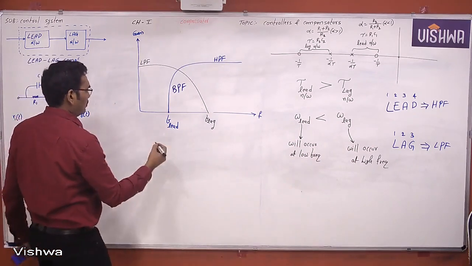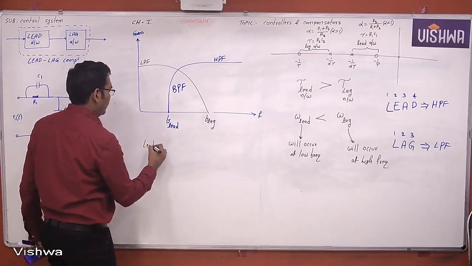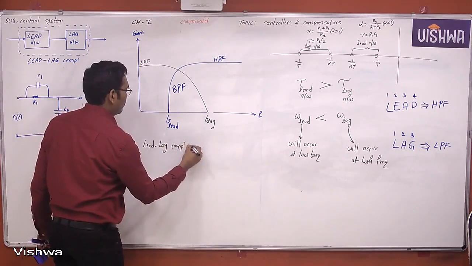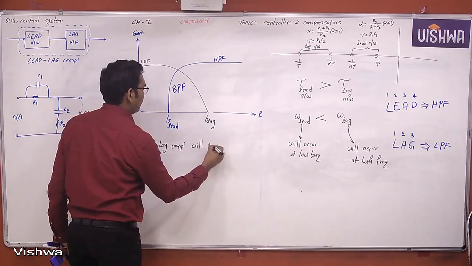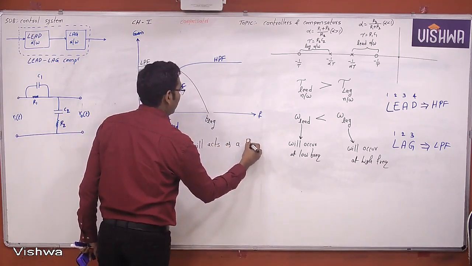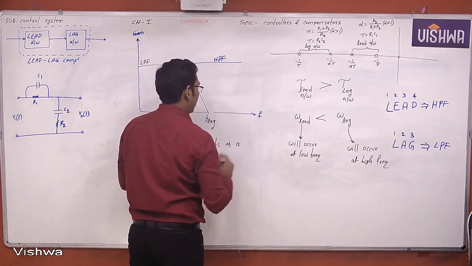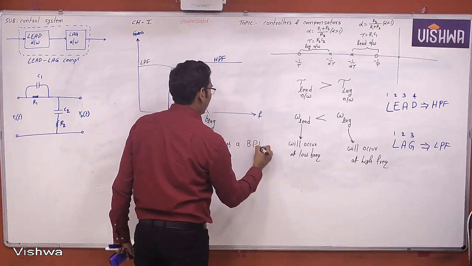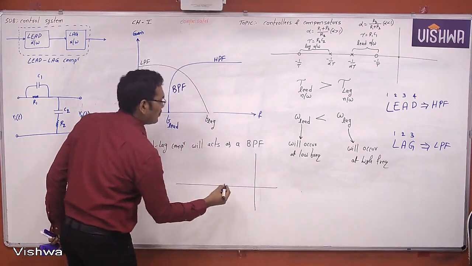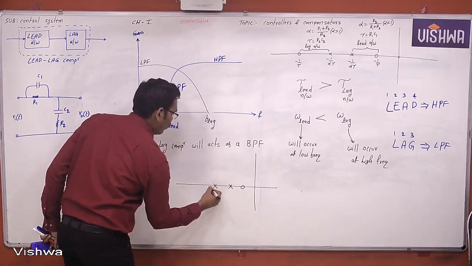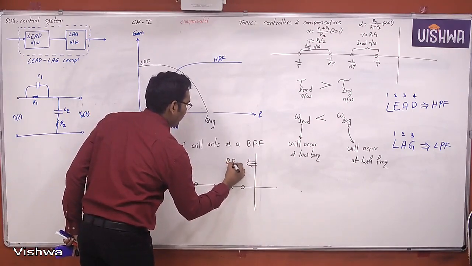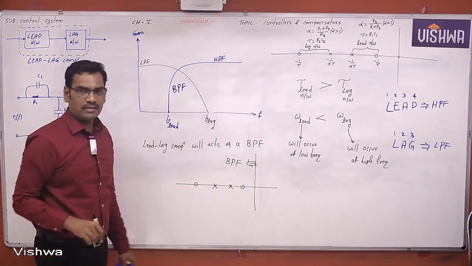Therefore, the lead-lag compensator will act as a band pass filter. For a band pass filter, the pole-zero sequence in the S plane is 0, pole, pole, 0. Okay, note down this.